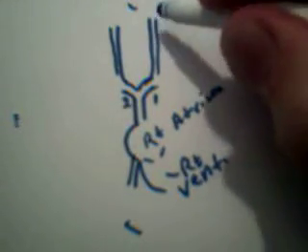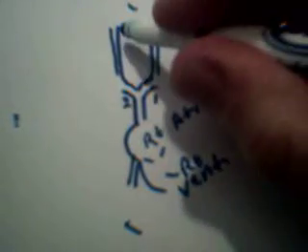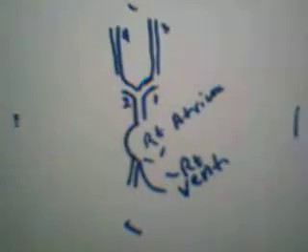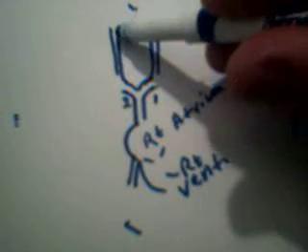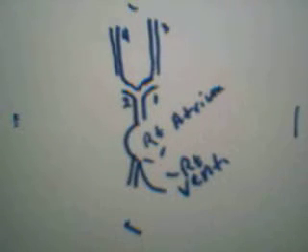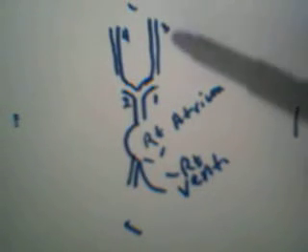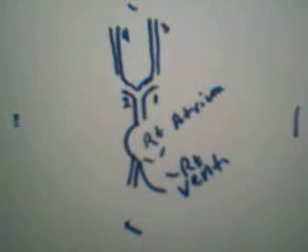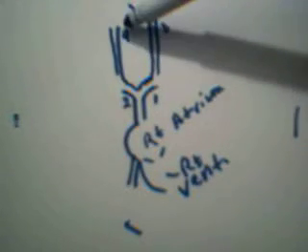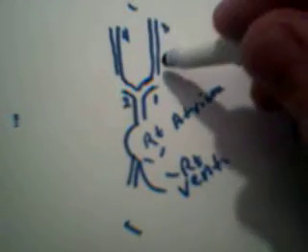So this is going to be number 3 and then number 4, left and right, and the vessel here is going to be the internal jugular vein. So 3 is the left internal jugular vein, 4 is the right internal jugular vein.